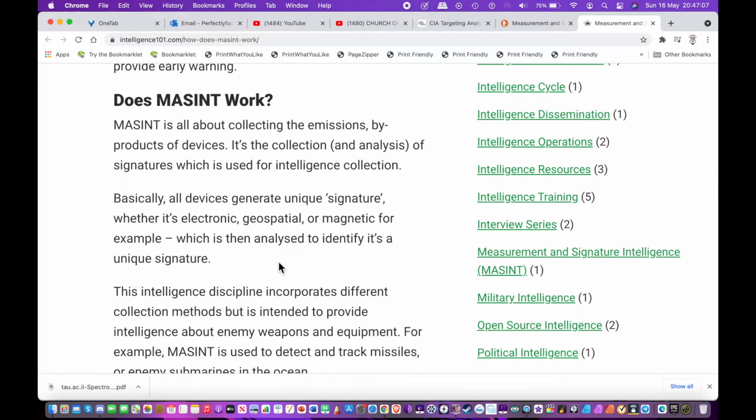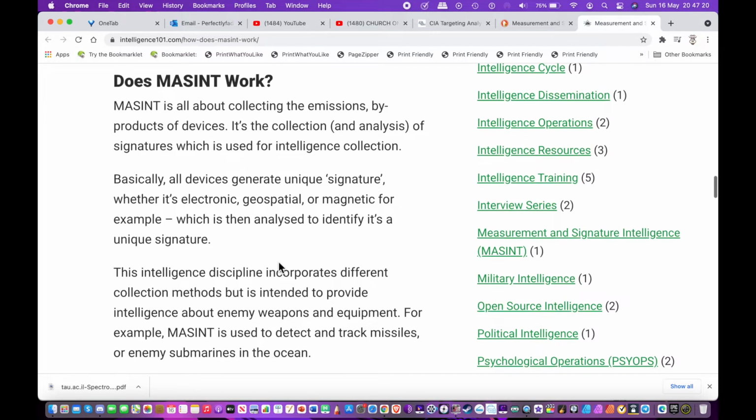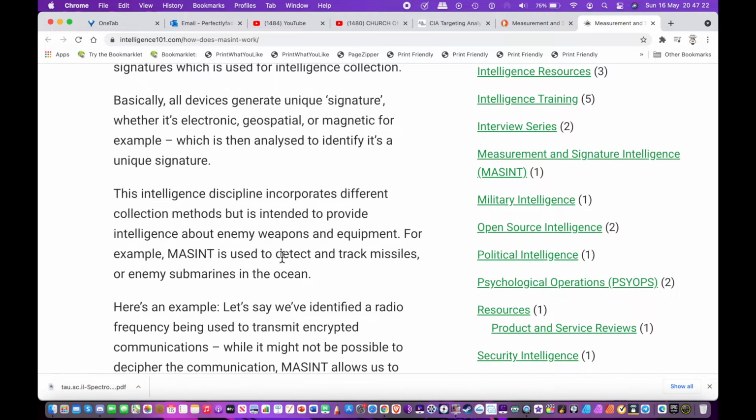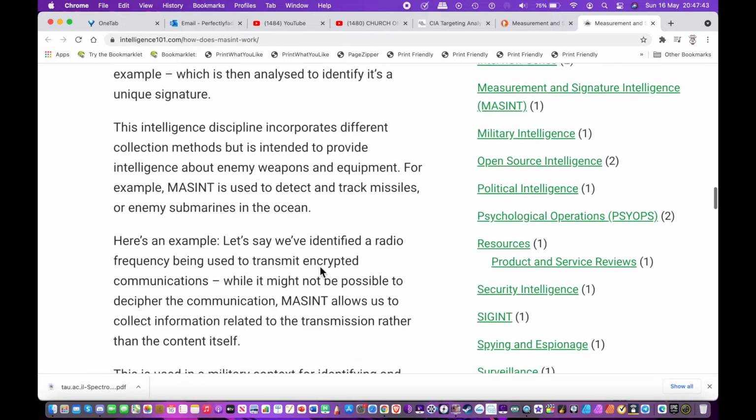Basically, all devices generate unique signatures, whether it's electronic, geospatial, or magnetic, for example, which is then analysed to identify a unique signature. This intelligence discipline incorporates different collection methods, but is intended to provide intelligence about enemy weapons and equipment. For example, MASINT is used to detect and track missiles or enemy submarines in the ocean.